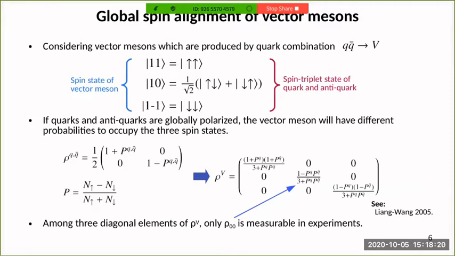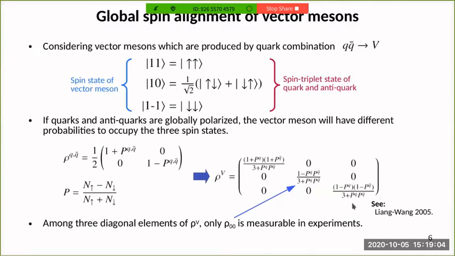Polarization means that there is a larger number of spin up particles than spin down particles. So the vector mesons produced from quark combination will have different probabilities to occupy the 3 spin states. From the polarization of quarks and anti-quarks, and calculating the probabilities, one can obtain the spin density matrix of the vector meson given by this equation.